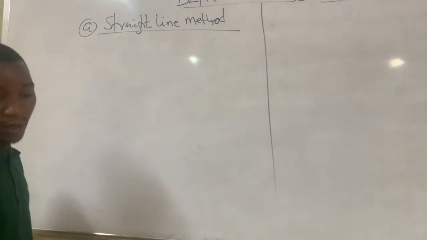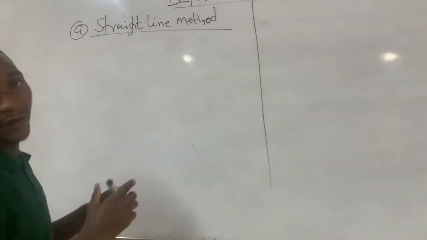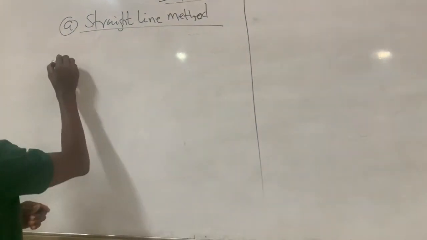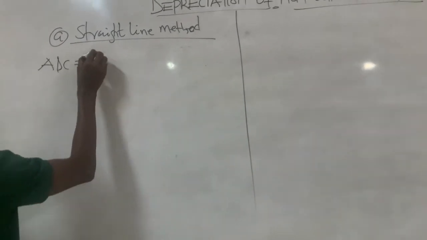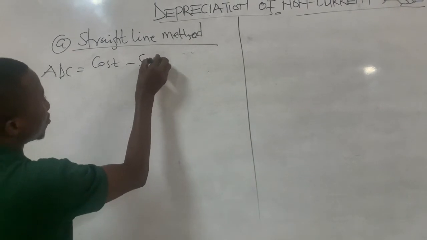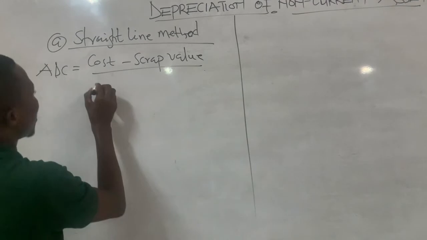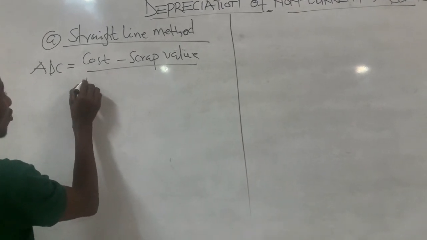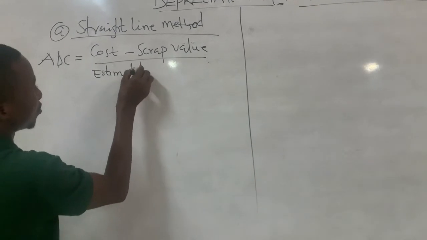Is that okay? And before we try to calculate the depreciation, let's see the formula for the annual depreciation itself. So the annual depreciation cost is the cost of the asset minus the scrap value over the estimated useful life.